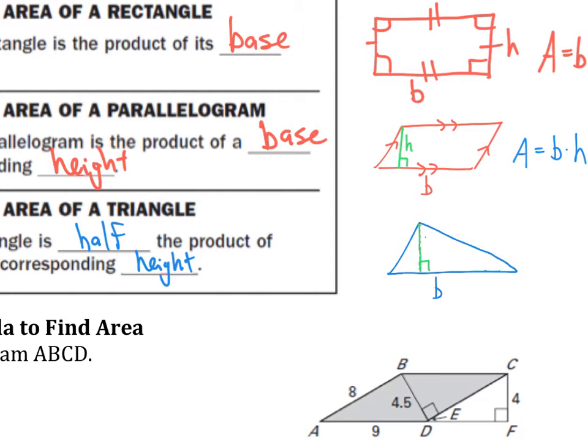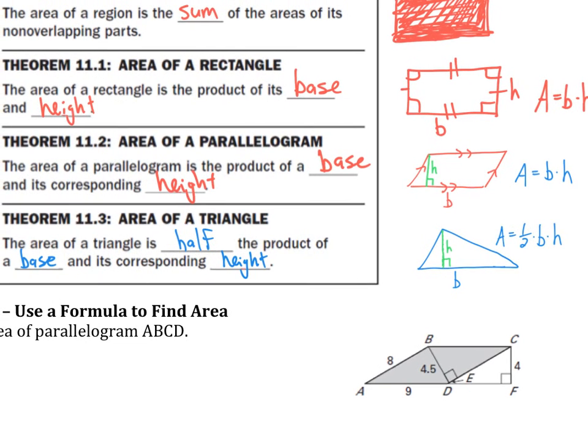So it'd be like this green line, that will be the height. So the area of this triangle would be area equals 1/2 times the base times the height. So it's just like a rectangle except it's half of base times height.